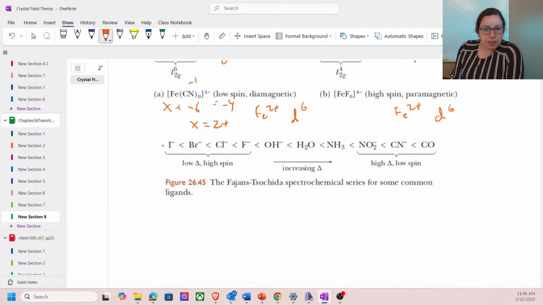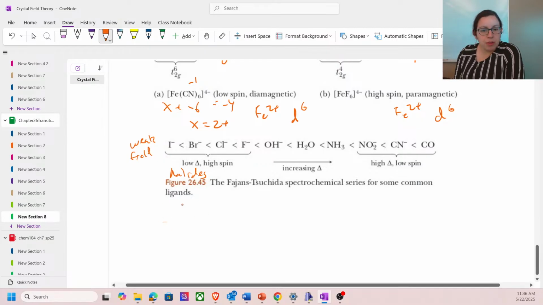And so what happens is, these halogens or halides tend to be low spin, so they're considered weak field ligands. The reason is that they only have this one electron, and so they just have that one orbital to bond with.